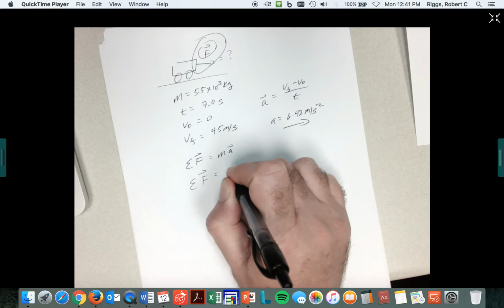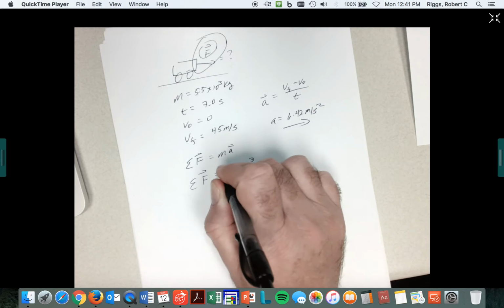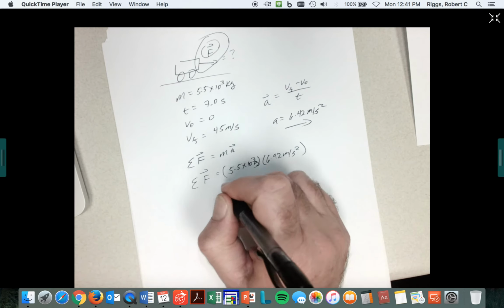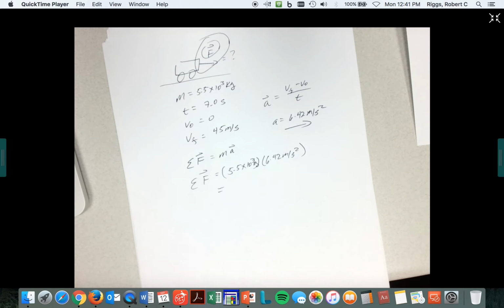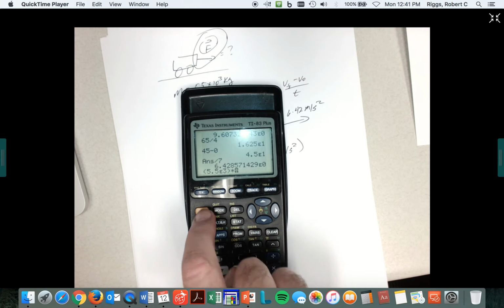All right, so the sum of the forces, which is what we don't know, is equal to 5.5 times 10 to the third kilograms times 6.42 meters per second squared. Notice I've got kilograms times meters per second squared. That's my units. That's my newtons. So I'll take 5.5 E to the third times my answer from before.